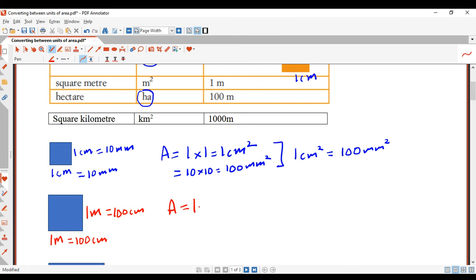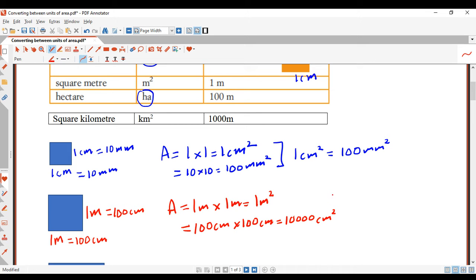So I could write it down as 1 metre times 1 metre, which is 1 square metre. But I also know that 1 metre is 100 centimetres. So I could write this down as 100 centimetres times 100 centimetres, which is equal to 10,000 square centimetres.